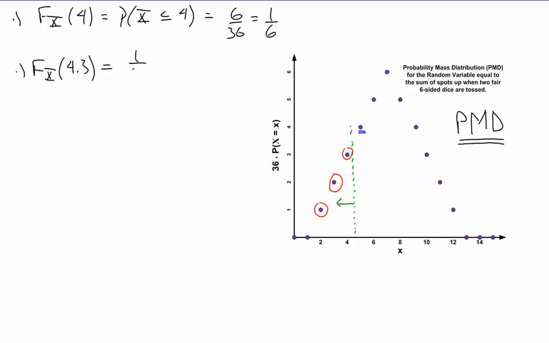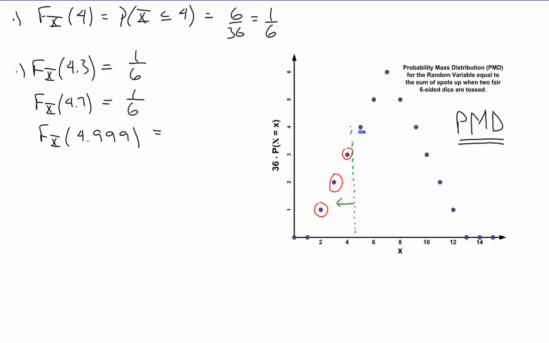It remains 1/6. What about the cumulative distribution function evaluated at 4.7? That remains 1/6. What about at 4.999? Still not including the probability that the sum of spots up equals 5.